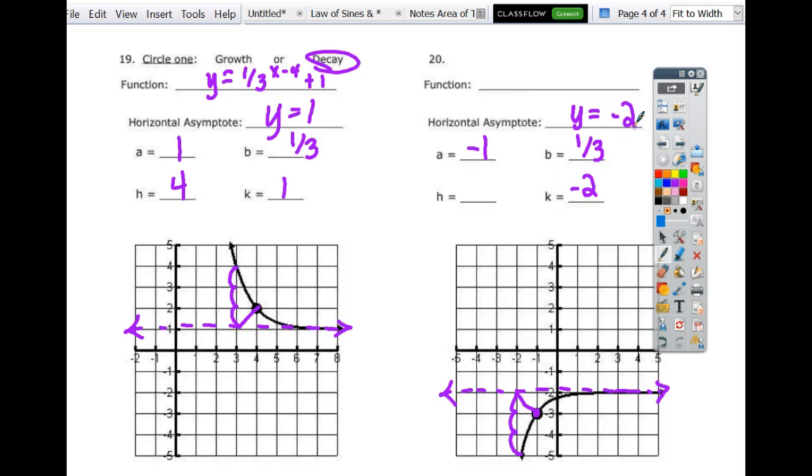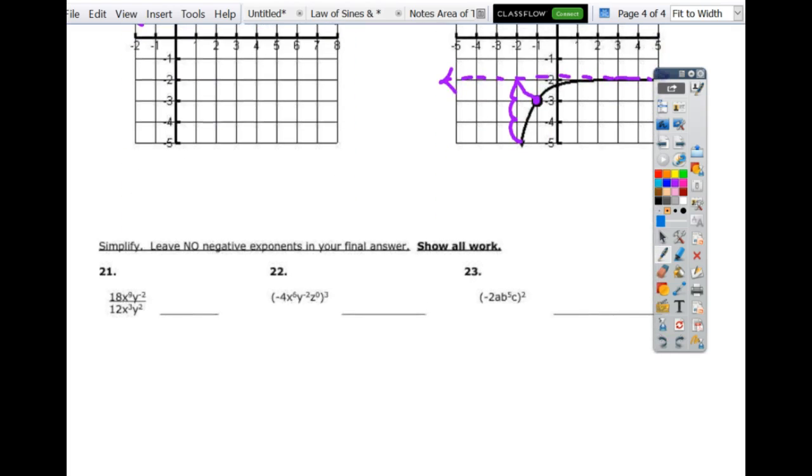What's the H? Okay, everybody do the exponents at the bottom now.